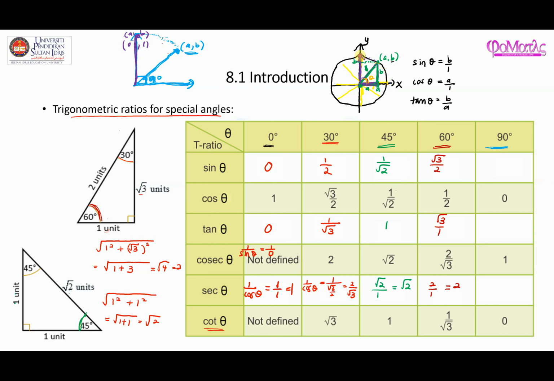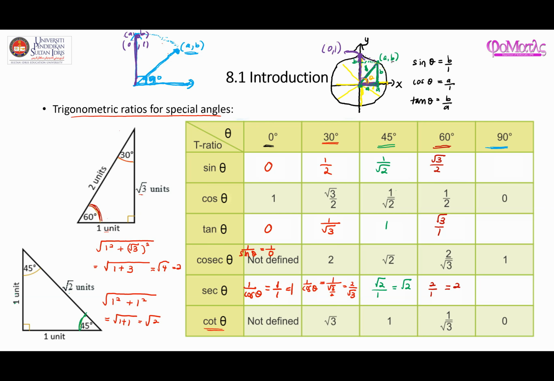And so the point here, the coordinate for x and y, because the radius is 1, you can determine the coordinate to be 0 and 1. X is 0 and y is 1.